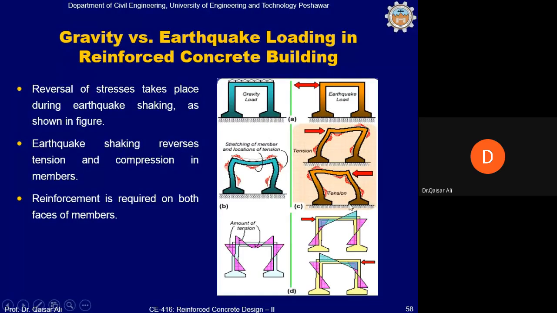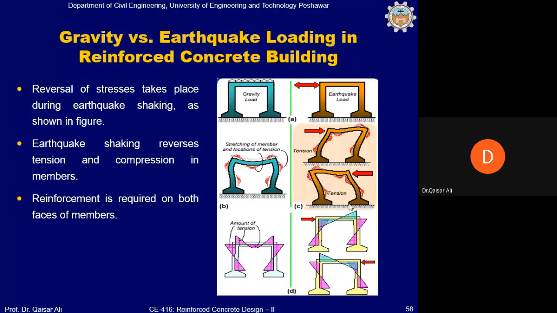So earthquake loading would cause bending moments at the beam column joints and ends of the columns, and these additional bending moments coming from the earthquake loading shall be added to the bending moments already produced due to gravity load. The flexural capacity provided by reinforcement shall be provided against the combined bending moments from the gravity and earthquake loading.